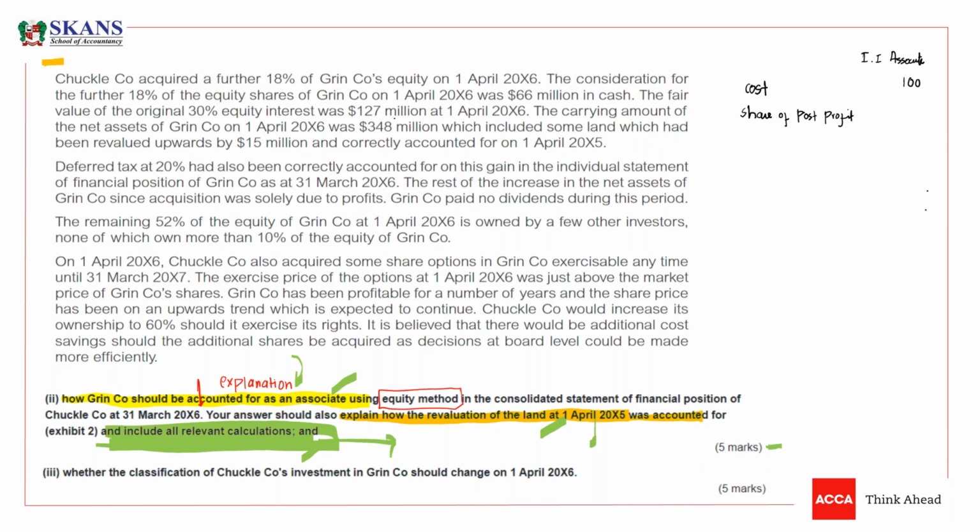So most important thing is, guys, 348 are the net assets. So what was the net assets at the date of acquisition, guys? What were the net assets at acquisition date? In the previous exhibit, was it 246 or 286?